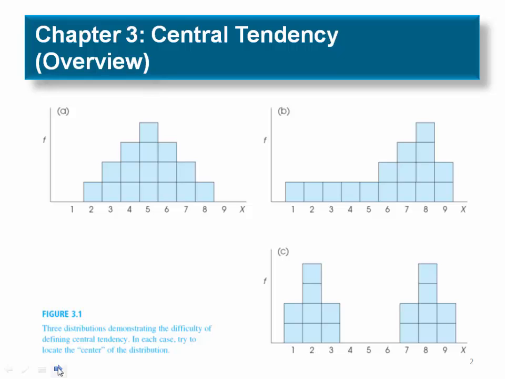In the second distribution, problems begin to appear. Now the scores form a negatively skewed distribution, piling up at the high end of the scale around x equals 8, but tapering off to the left, all the way down to x equals 1. Where is the center in this case? Some people might select x equals 8 as the center because more individuals had this score than any other single value.